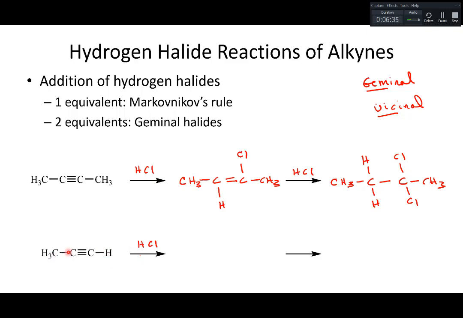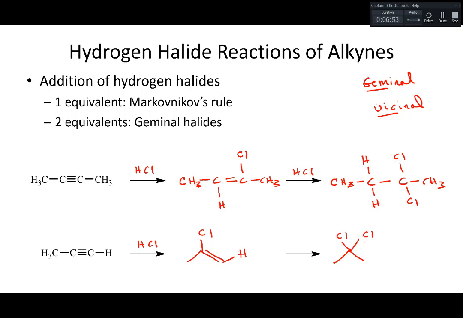So it's the same number of moles. For the first equivalent, what you'll end up with is this. And then with the second equivalent, you're going to end up with this.